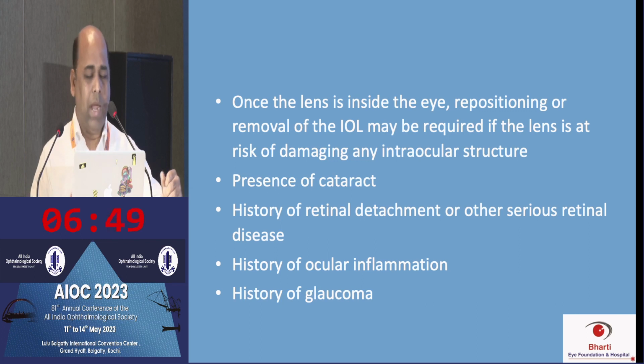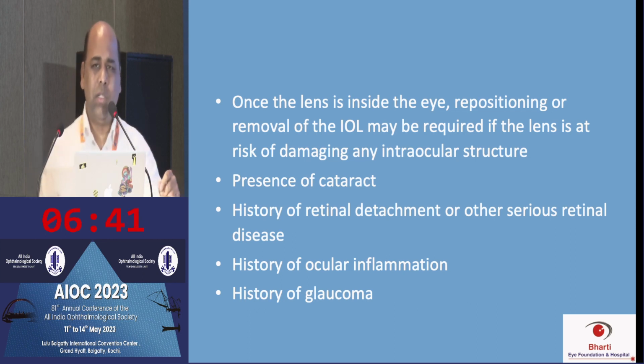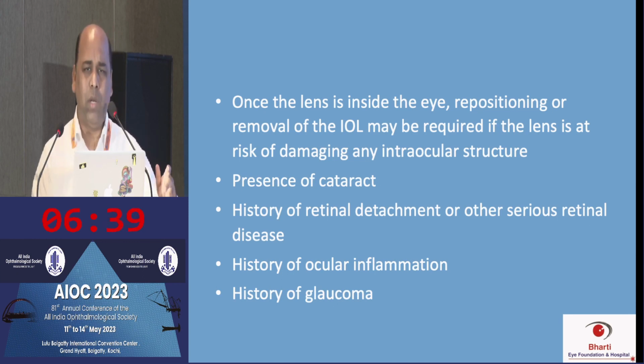The presence of cataract, history of any RD or serious retinal disease has to be taken care of before, and the patient has to be explained about the pre-existing diseases. Many patients have high myopia, pathological myopia or amblyopia, or the potential visual acuity is not that great. So the patient should know what is going to be achieved after ICL.